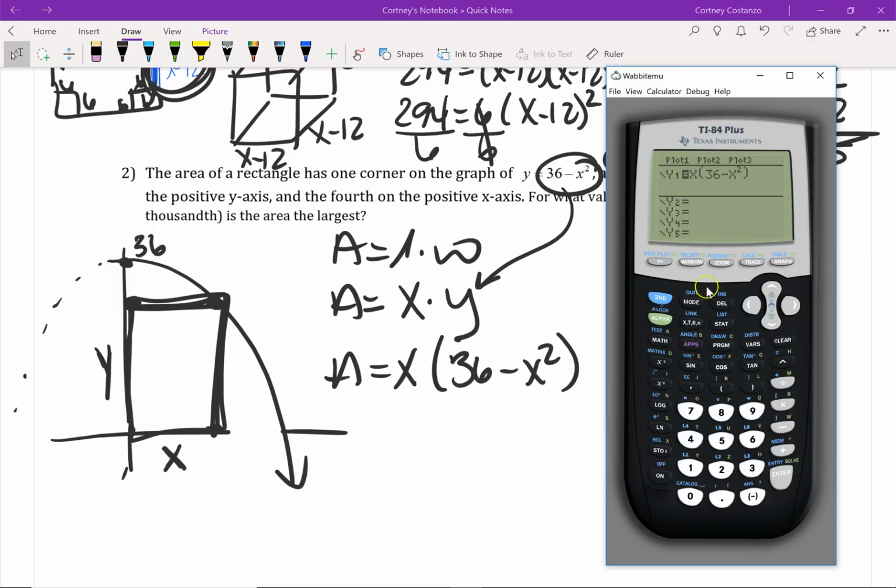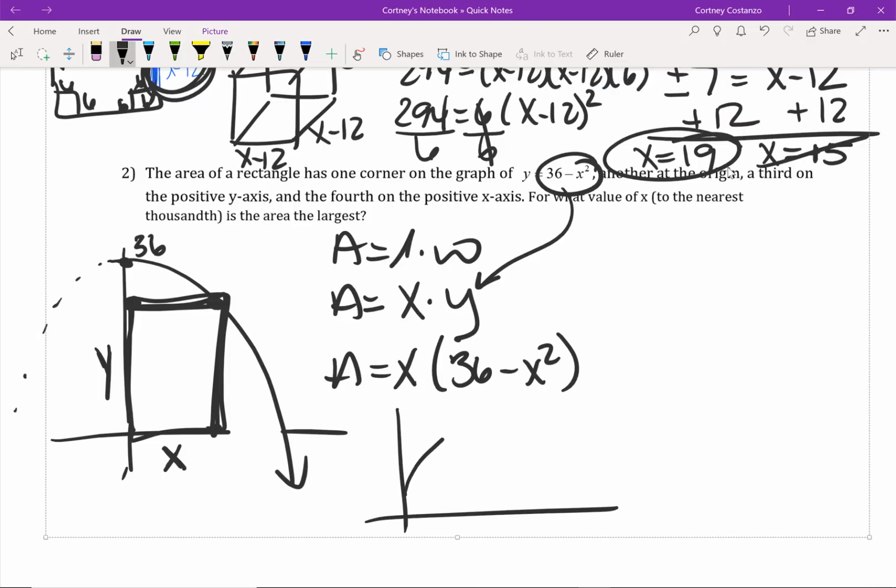Then I am going to use my table values to help me determine a window, and it looks like 0 to 6 would be perfect for my x values. So go to your window and go from 0 to 6, and my y's should go from 0 to 100. Let's hit graph. I see this beautiful little mountaintop, and it wants to know the largest x value, so I need to find the maximum point.